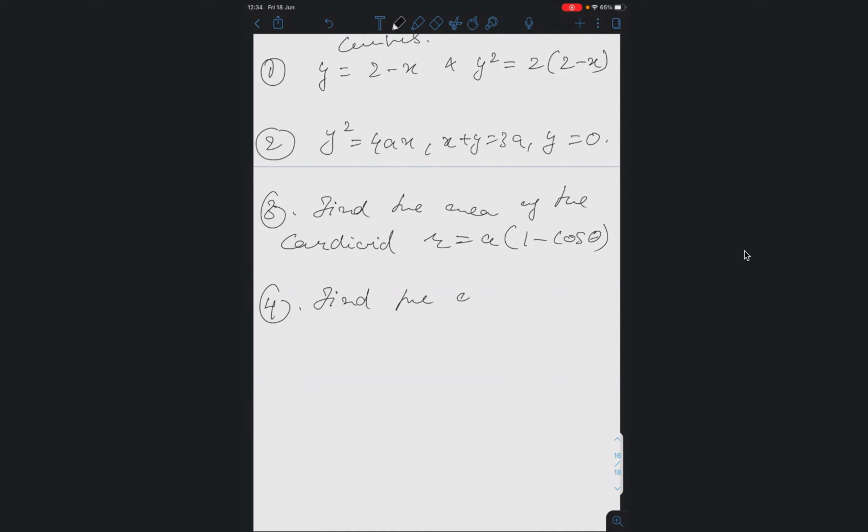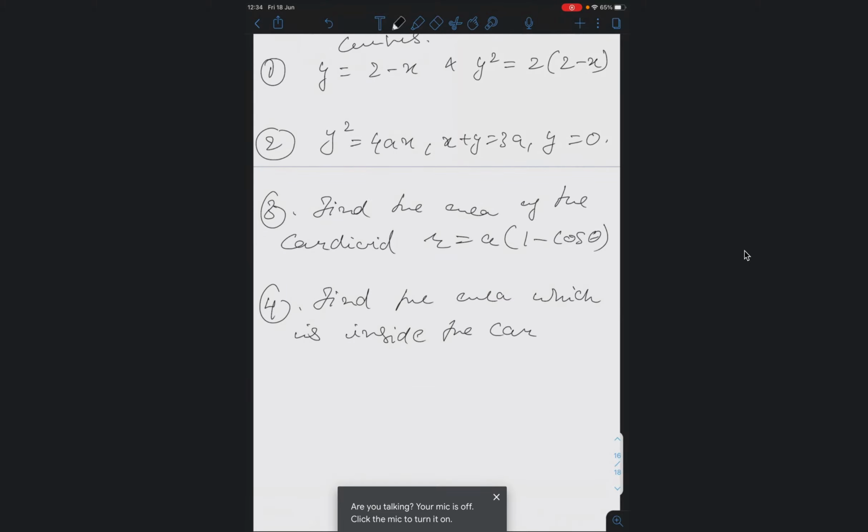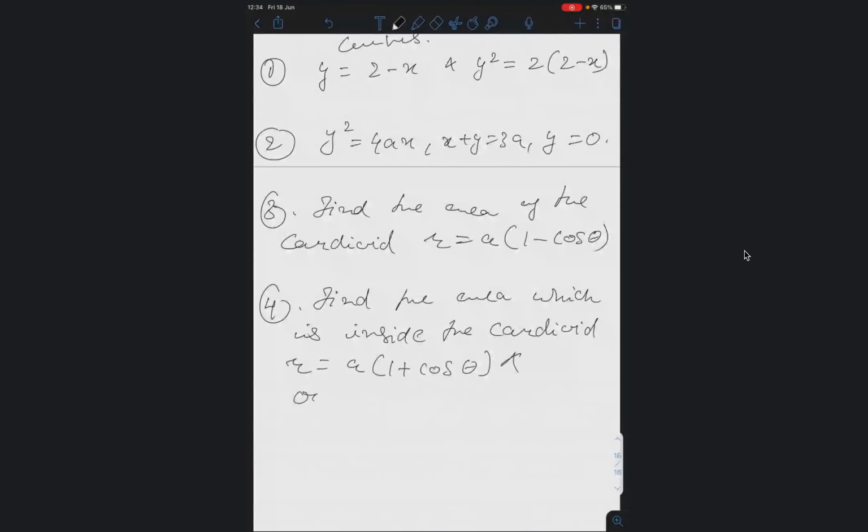Find the area which is inside the cardioid r is equal to a into 1 plus cos theta, and outside the circle r is equal to a.